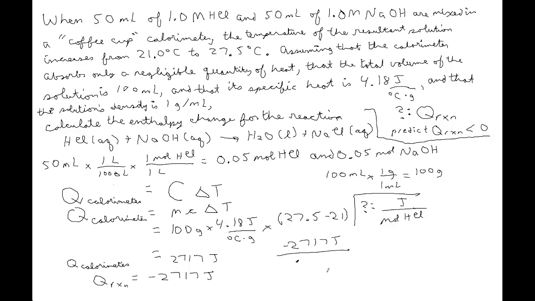Half. Let's see, where did you get that from? I'm sorry, not half. It's 0.05. So, whoops, that was negative 54,340 joules per 1 mole of HCl and NaOH.